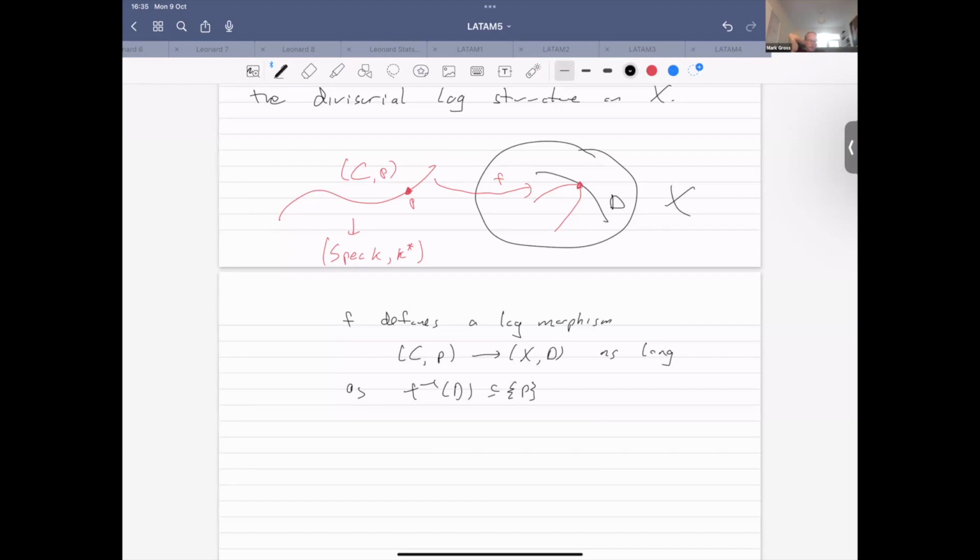Now let's understand the contact orders. So here we have, let's take a function. So in a neighborhood here, I can take a function t, so t equals 0 is a local defining equation for D near F of P.